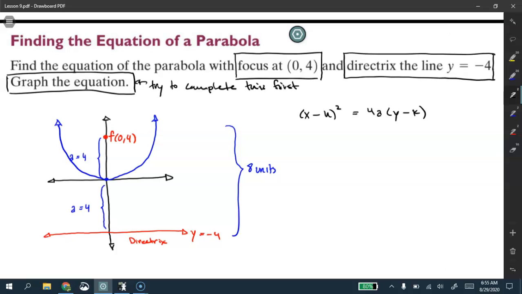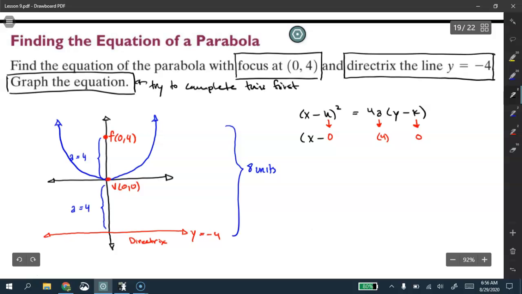And if you haven't made that connection, notice how the vertex is at 0, 0. So the vertex is updated by changing the h to a 0 and the k to a 0. And not just that, recall A is the distance between the vertex and the focus, or the vertex and the directrix. So that is actually 4 units. And then the rest of the formula, I'm going to fit it in.